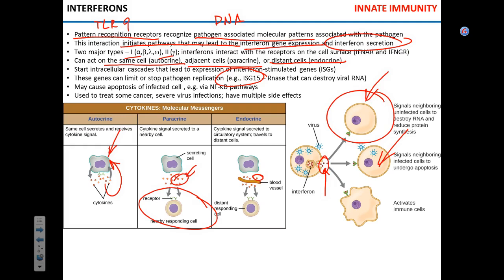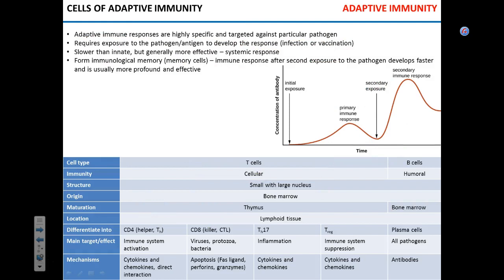Questions? Good. So we're moving to adaptive immunity, and we're going to first talk about the differences. Adaptive responses are very specific, meaning that adaptive responses are targeted against a specific pathogen. Some of these things I formalize for you, but you know that already. You get a vaccine, that's your adaptive immunity that protects you later.